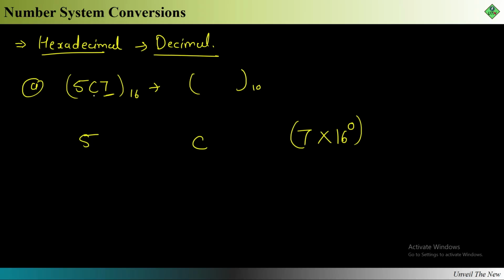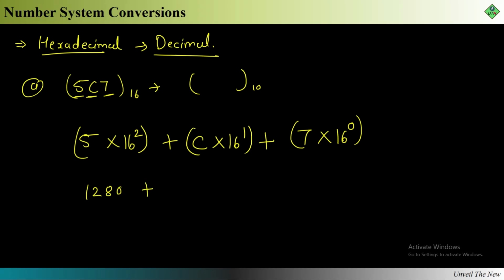Now the next digit we have is C, so we will multiply it with 16 raised to 1, and the last digit that we have is 5, so we will multiply it with 16 raised to 2. Finally we need to add all of them. Now 16 into 16, we all know, is 256, and 256 into 5 will be 1280. Now what is C?